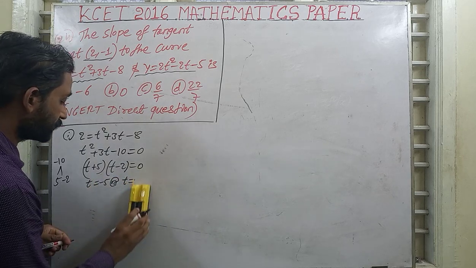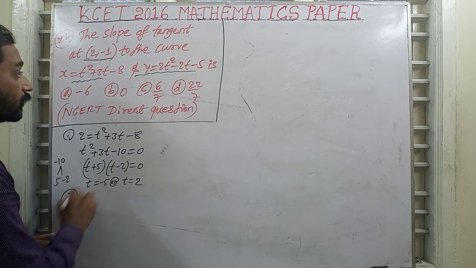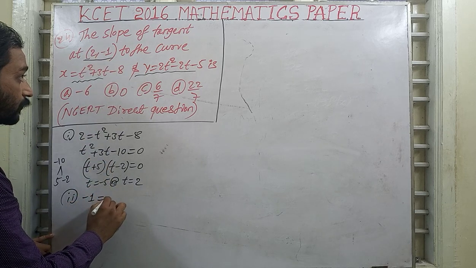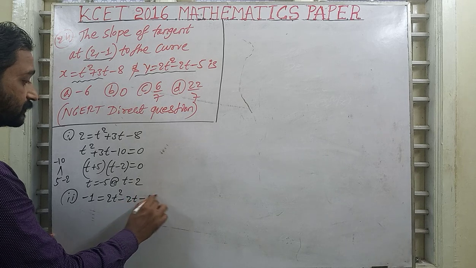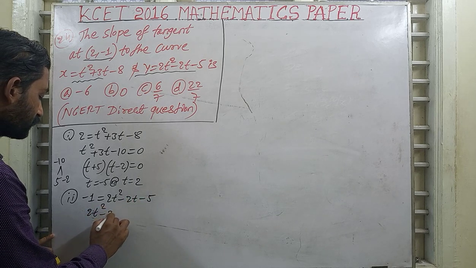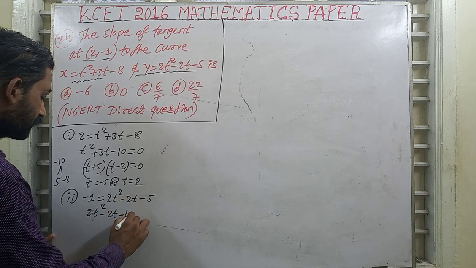Now take the second condition: y is equal to minus 1. Minus 1 is equal to 2t square minus 2t minus 5. So now it becomes 2t square minus 2t minus 5 plus 1, minus 4 is equal to 0.